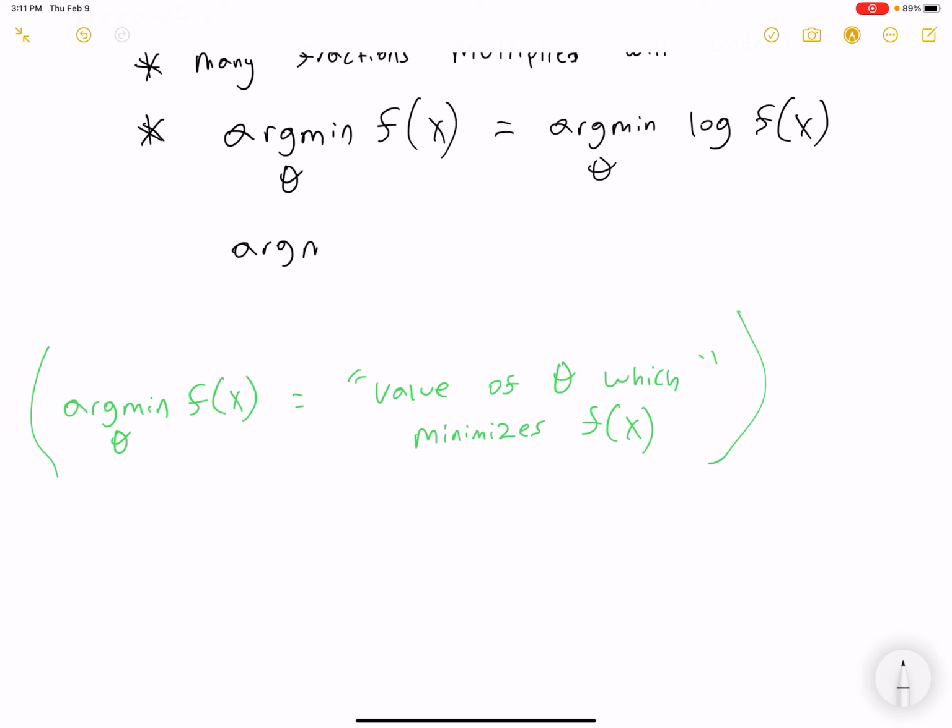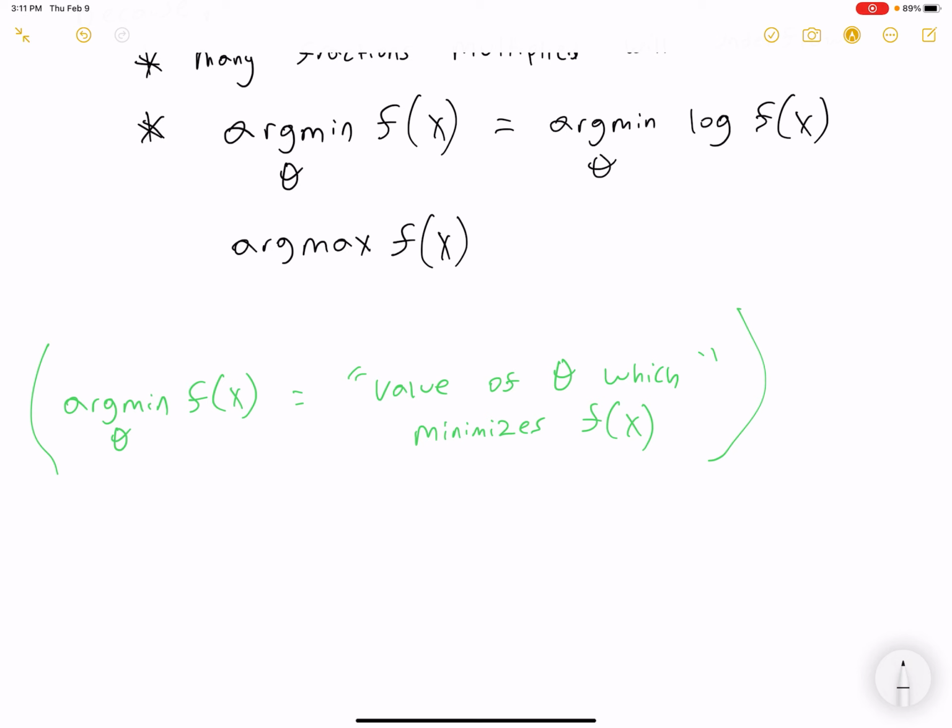And you can, for example, draw out y equals x squared plus 3 and see what happens if you take the log of that. You'll notice that the value of the x-axis that results in the minimum doesn't really change.